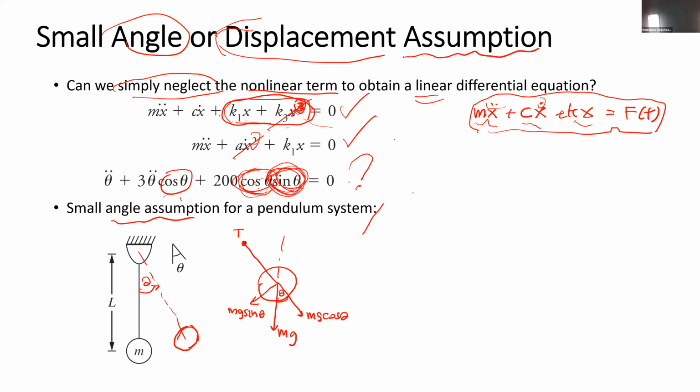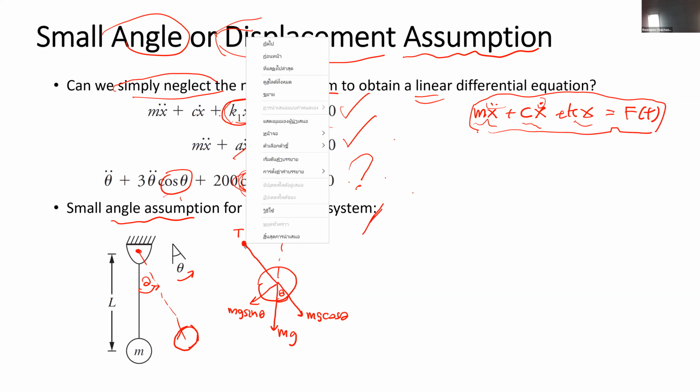If we consider the rotating point here, with theta positive in the counterclockwise direction, we're going to derive the equation of motion. The mass m rotates about this rotating point, and the distance from the rotating point to the mass is L.